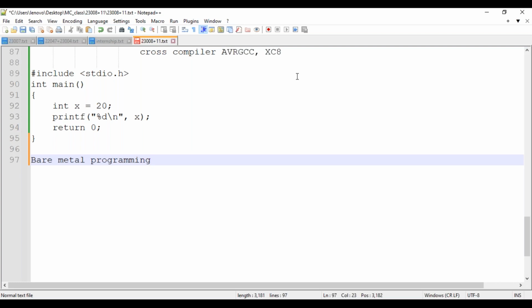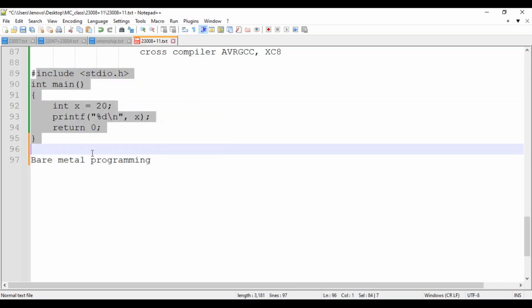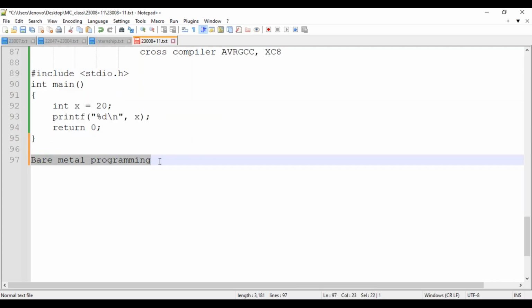We don't want to focus on multiple complex functionalities, so we are not going to take the risk of having an operating system involved. Any embedded programming you do without involving an operating system is called bare metal programming. Here also we are going to concentrate on bare metal programming as we don't take the operating system.